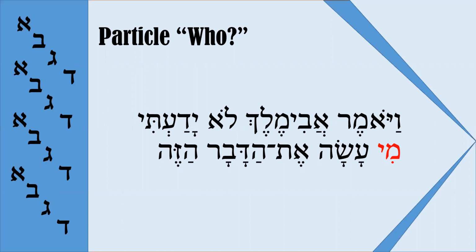Another particle is mi, and mi means who. So ma means what, and mi means who. Let's try to read this sentence. May I ask somebody to read?